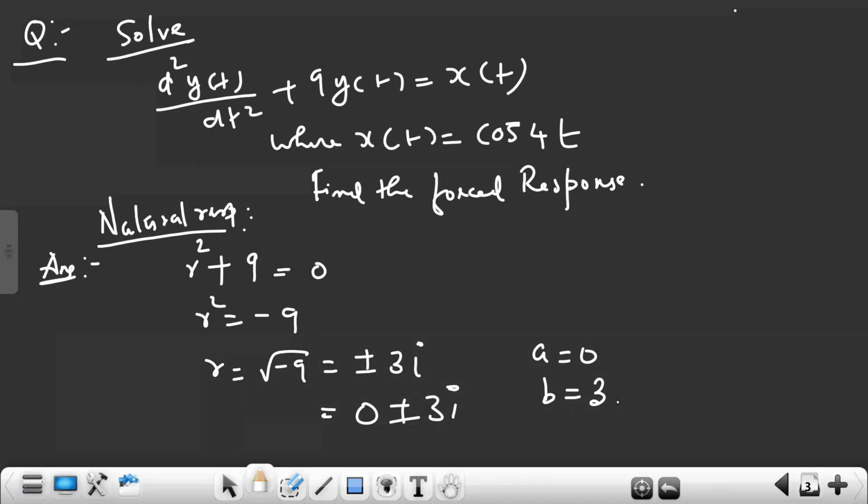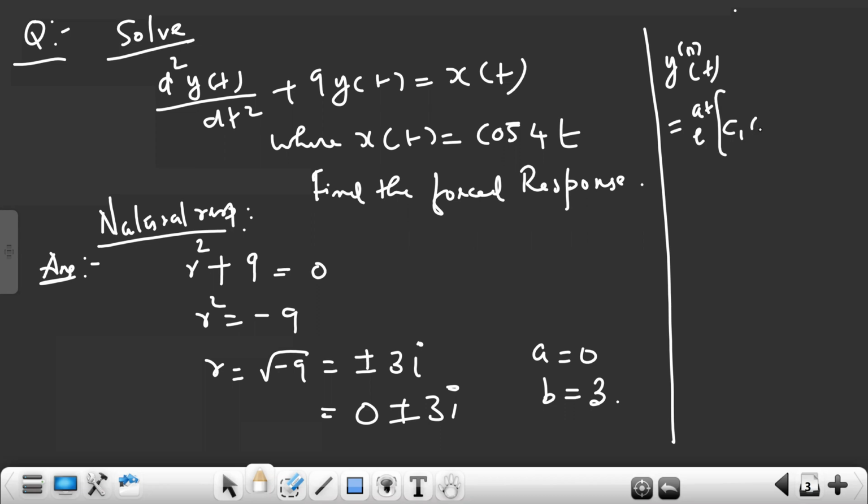So what is the solution? If the roots are complex numbers, yn of t will be e to the power minus at into c1 cos bt plus c2 sin bt, where a is the real term and b is the imaginary term.